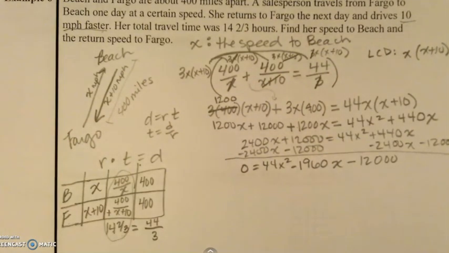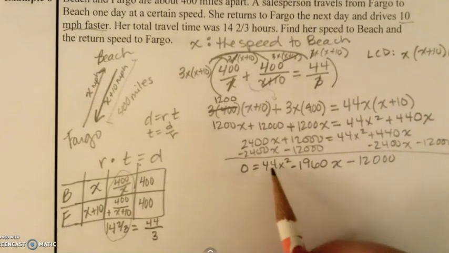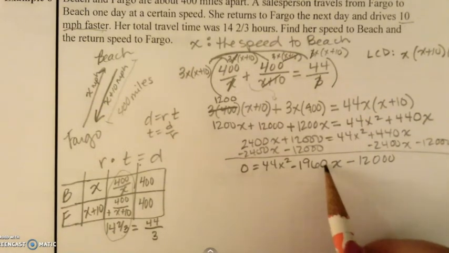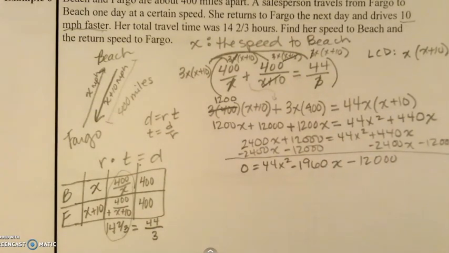Okay, now these are really big numbers, so is there anything that goes into all of these? Well, I notice 4 goes into 44, 4 goes into 60, 4 goes into 100. So let's try dividing everything by 4.